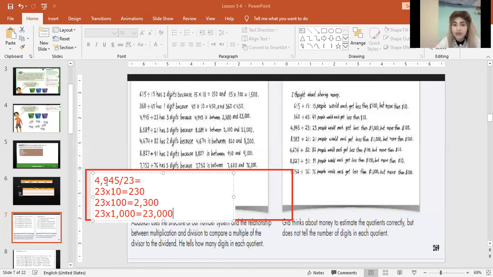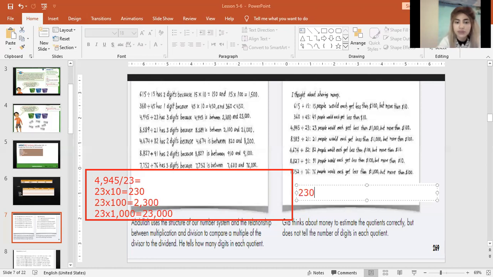So the 4,945 will be divided by a number greater than 230 and smaller than 2,300. So if we took 230, let me write it here alone. 230 is smaller than 2,300.